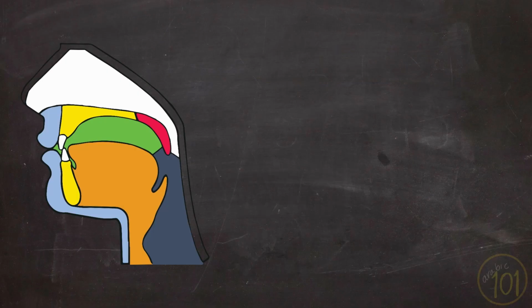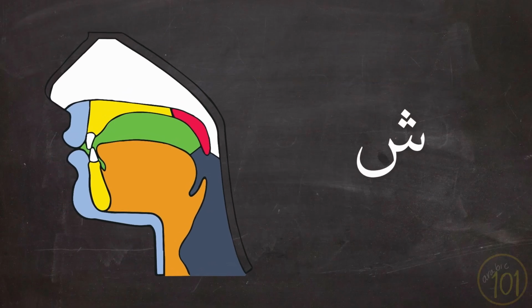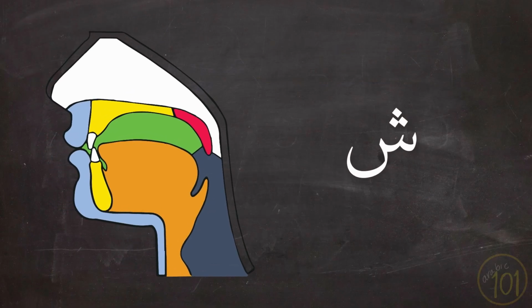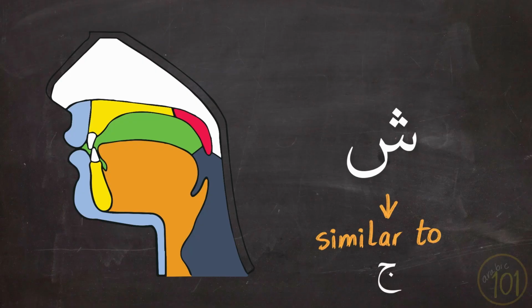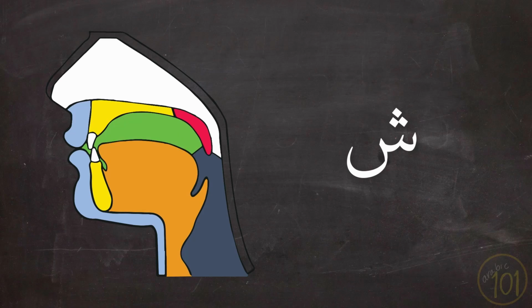Moving on to the second letter, sheen. In its technique, sheen is very similar to that of jim. So the middle part of the tongue is raised towards the hard palate. But there is one major difference. With sheen, there is no connection or touching between the hard palate and the middle part of the tongue whatsoever.